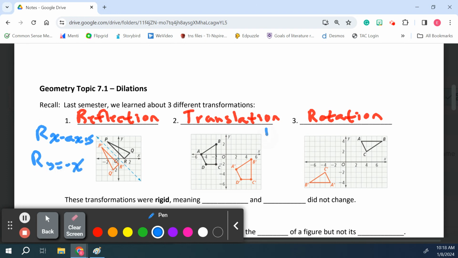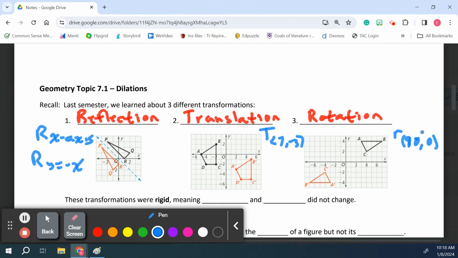This translation would be represented with a capital T, and remember, we'd have these vectors here, and this would be 7, -3. And this rotation would be represented with lowercase r, and this would be 90 degrees about the origin.